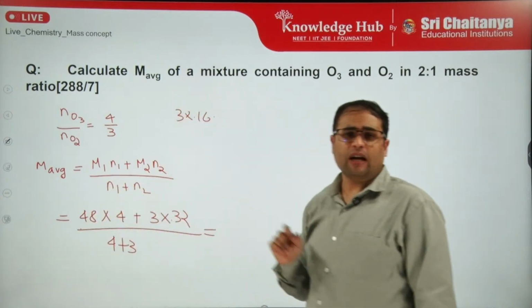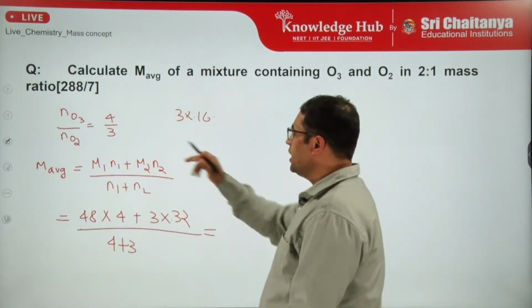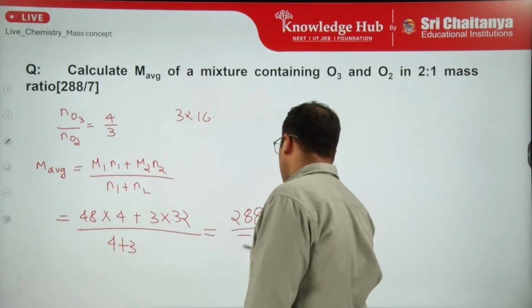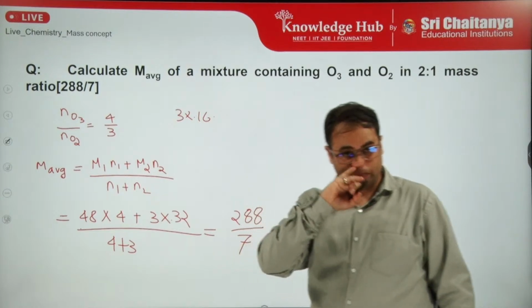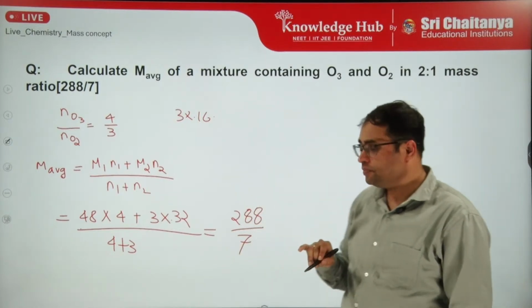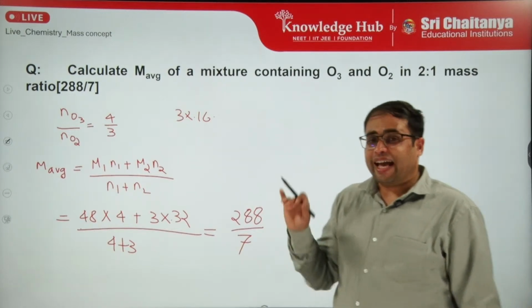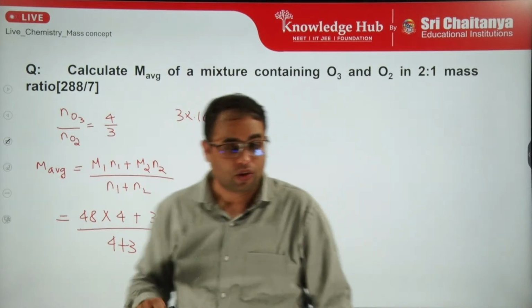If you solve this completely, you are bound to get the answer as 288 divided by 7. That will be your final answer, and that is how you solve such questions.